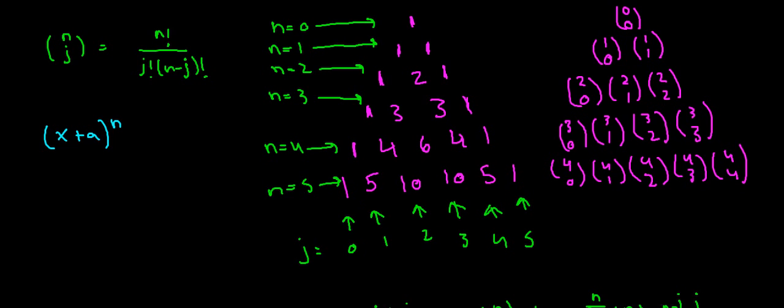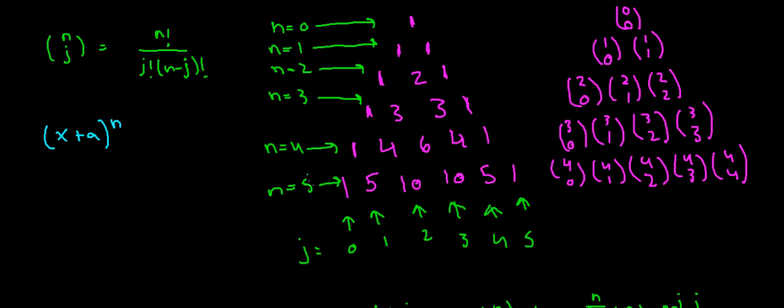So what the binomial theorem does is it gives me these different coefficients. I can find all of the coefficients I want for a particular n, or I can just get one. This is the notation for the binomial theorem, and it's read as n taken at time j. n being the power of the binomial, and j being which coefficient I want.